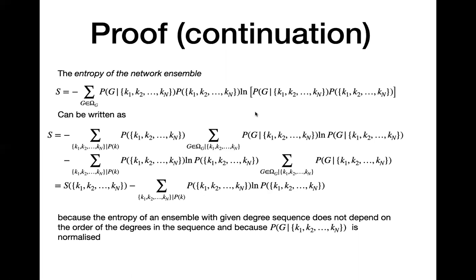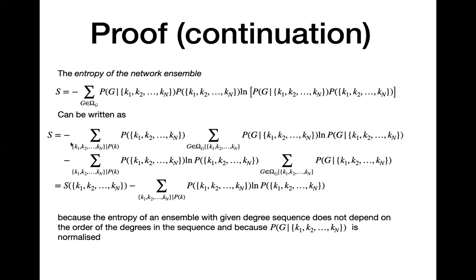So now, when I have this logarithm, I have the logarithm of P of G conditional on the degree sequence multiplied by P of the degree sequence. I can write the logarithm as the logarithm of the first term plus the logarithm of the second term.